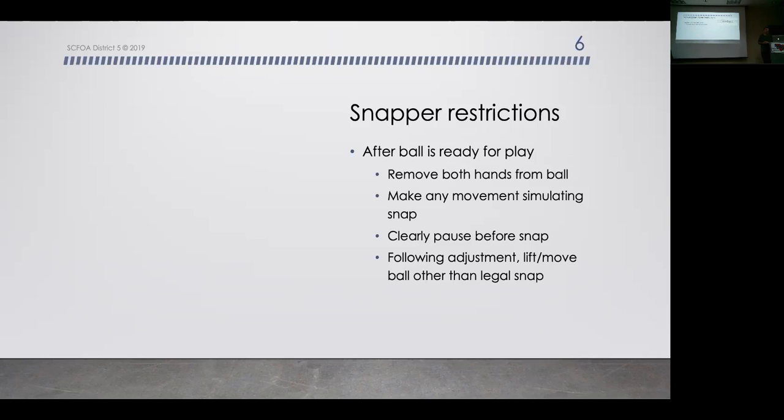Non-snapper play restrictions. So this is everybody else. We've got a snapper, and then you've got everybody else. These are A/K or B/R players. By players, we're automatically excluding substitutes, non-players, and replaced players.